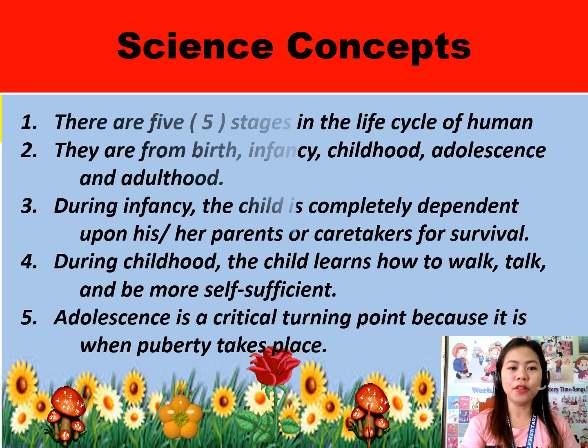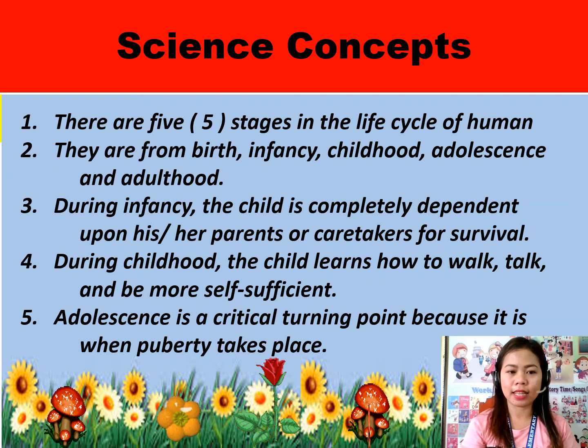So now let's move to the science concepts. First, there are 5 stages in the life cycle of humans. Second, these are birth, infancy, childhood, adolescence, and adulthood. The third one, during infancy, the child is completely dependent upon his or her parents or caretakers for survival.